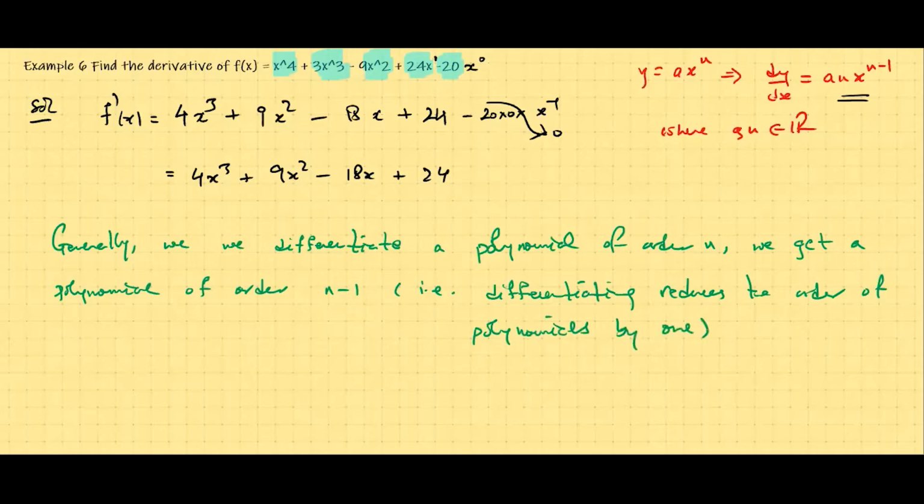This is good to know because it's a useful check. So in an exam situation, or if you're just doing a homework problem and you differentiate something and you can clearly see that the order hasn't gone down by 1 overall, then you know you've made a mistake.